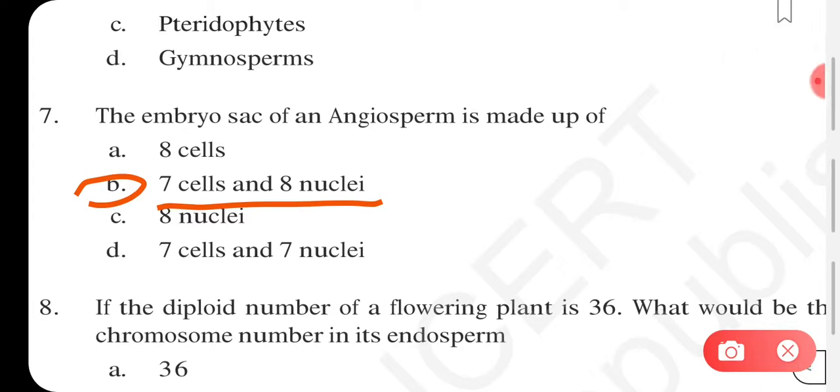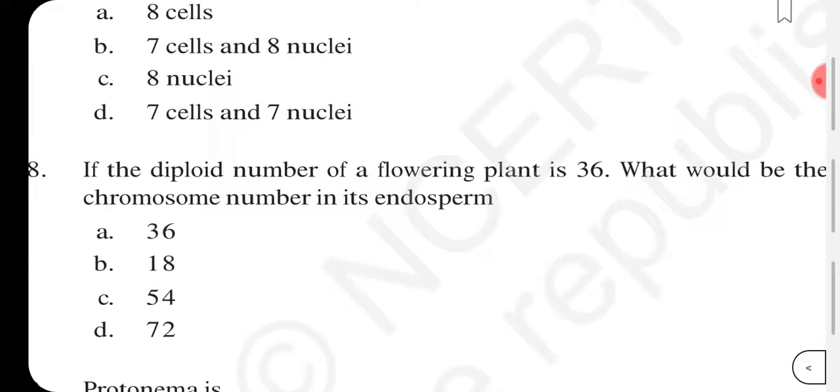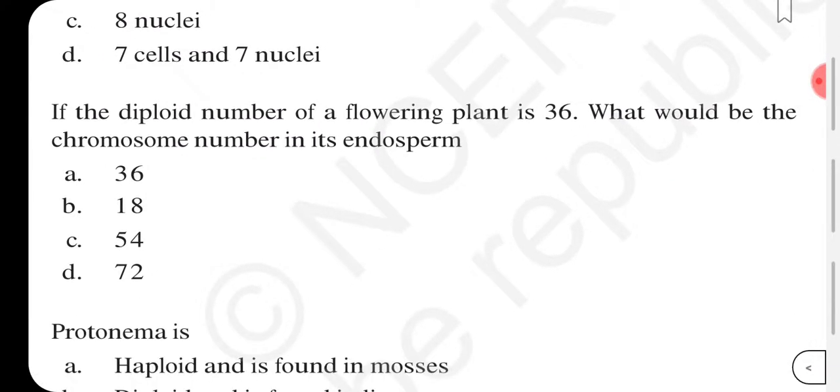Okay. Now moving on to the next question. If the diploid number of a flowering plant is 36, what would be the chromosome number in its endosperm? Now, as you know, what is the ploidy level of endosperm?